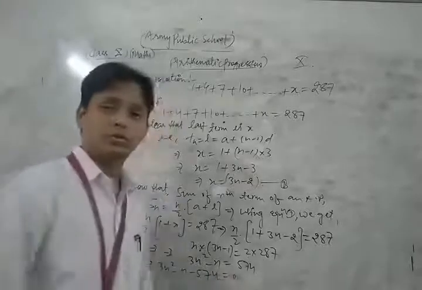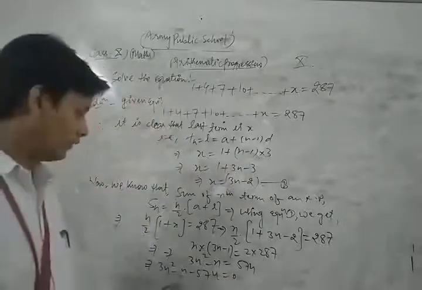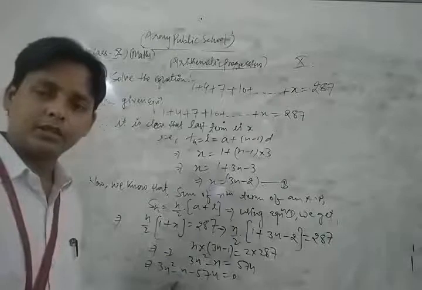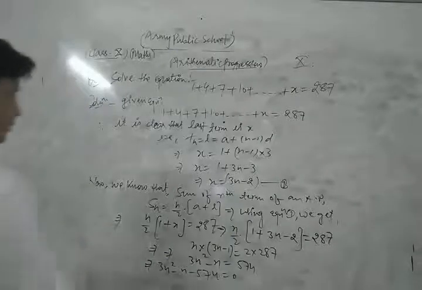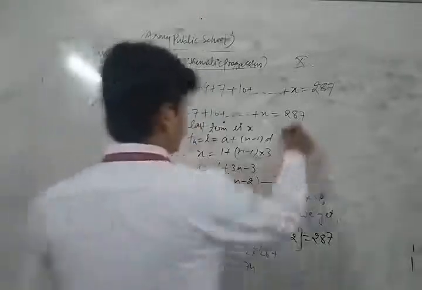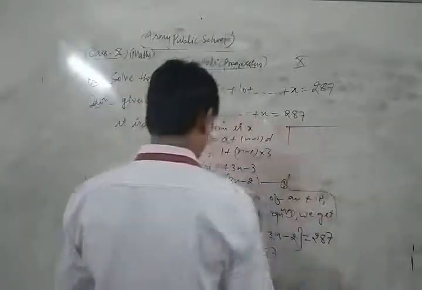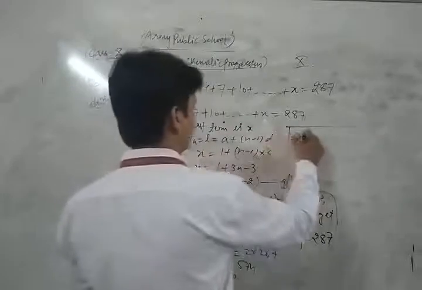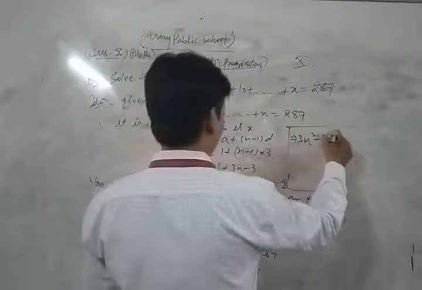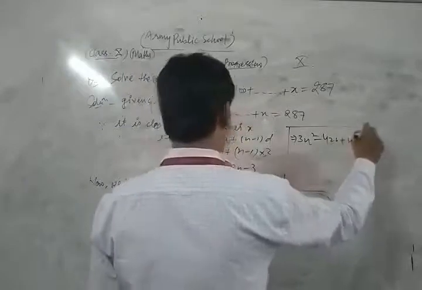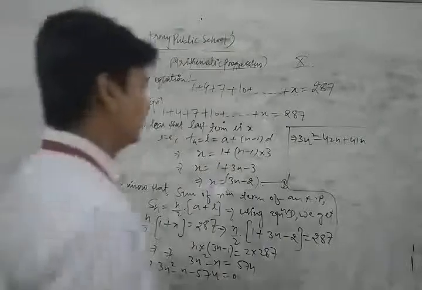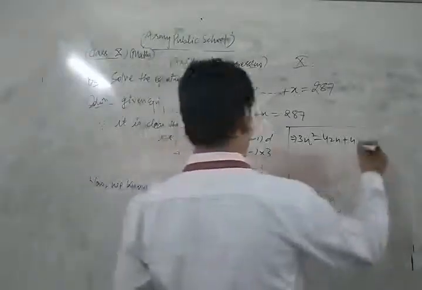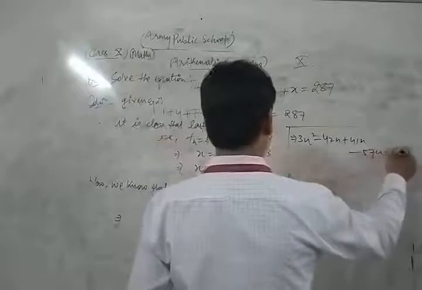Now we do the factorization by splitting the middle term. So we get 42 and 41. We write 3n square minus 42n plus 41n minus 574 is equal to 0, since if we multiply 42 and 41 we get the product.